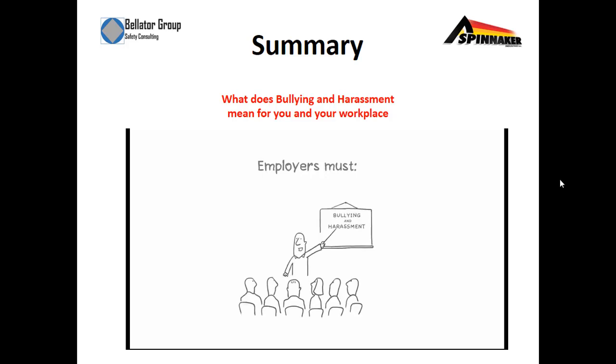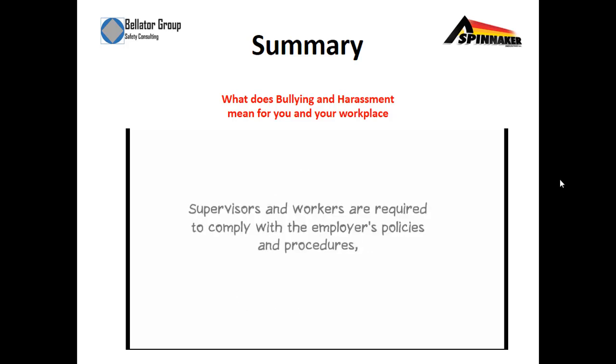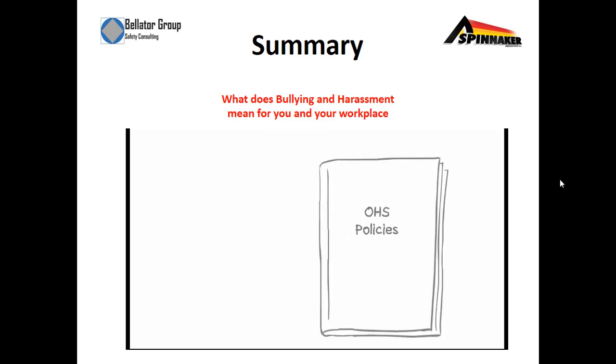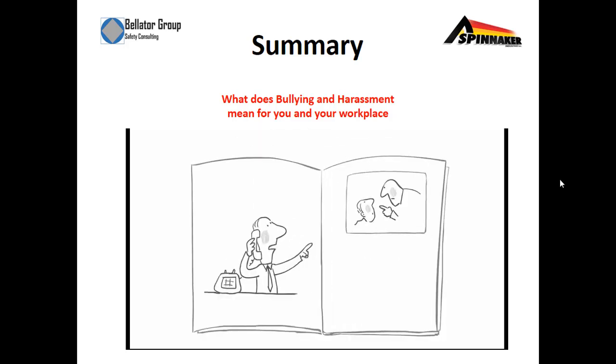They also have to train supervisors and workers. Supervisors and workers are required to comply with the employer's policies and procedures and not engage in workplace bullying and harassment. Workers must report it when they see it or experience it.